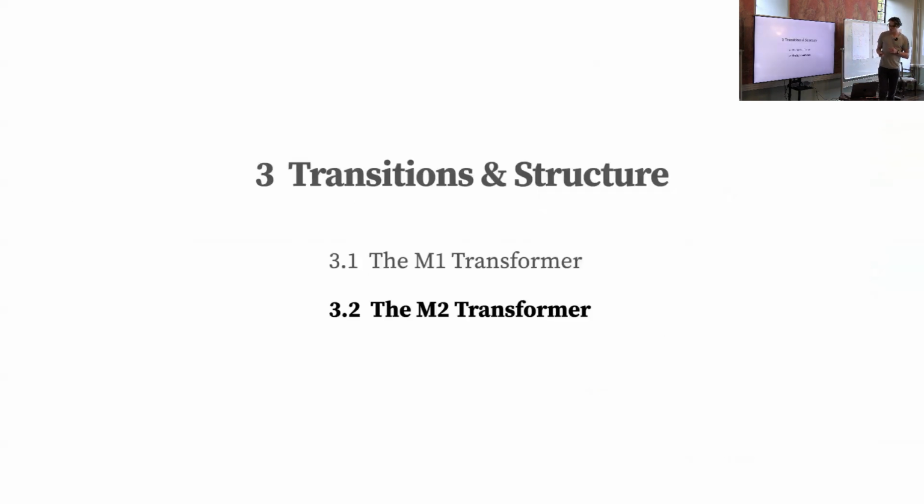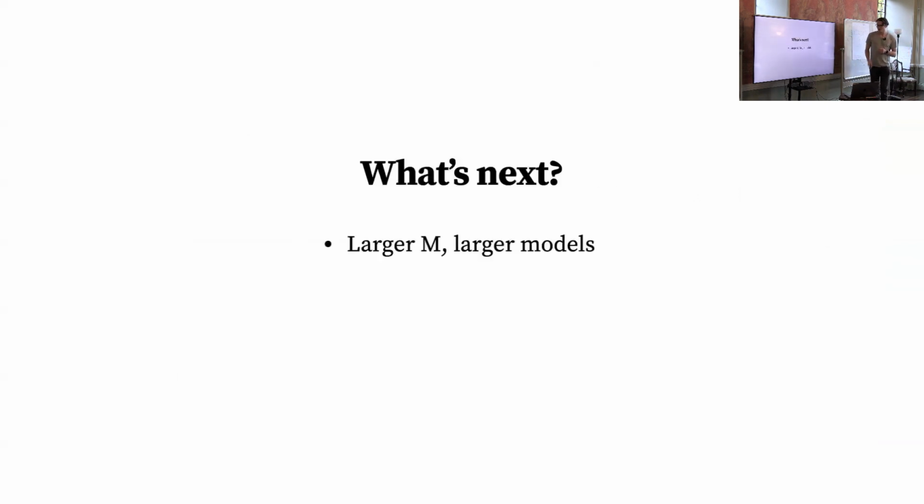Okay. So I'll say a few words about what's next, which is, first of all, larger M, larger models. This is a whole family of transformers we have to inspect. At this point, I'm much more optimistic that we can do the rest. We've got an intermediate M region to now probe, and the large M region, which is going to be a qualitatively different algorithm, but probably something we can still understand and interpret.